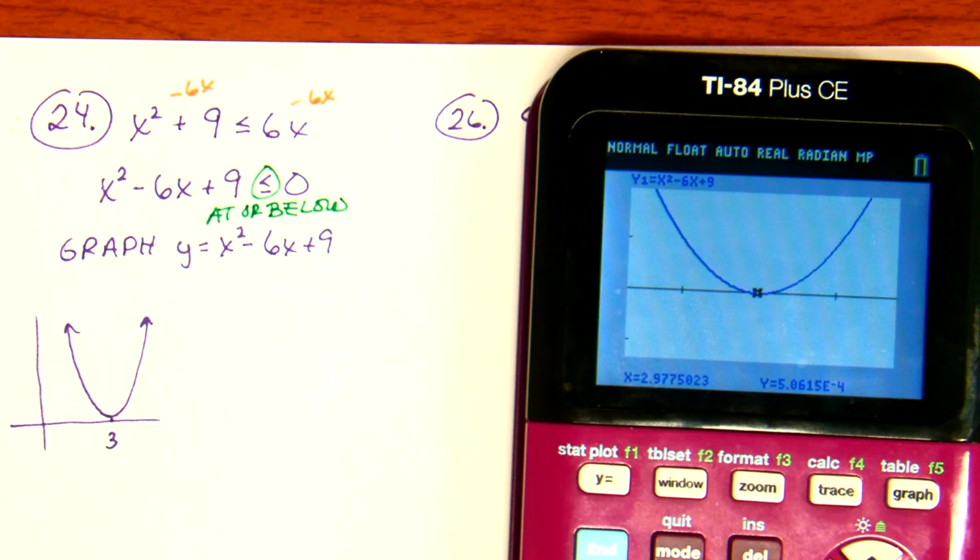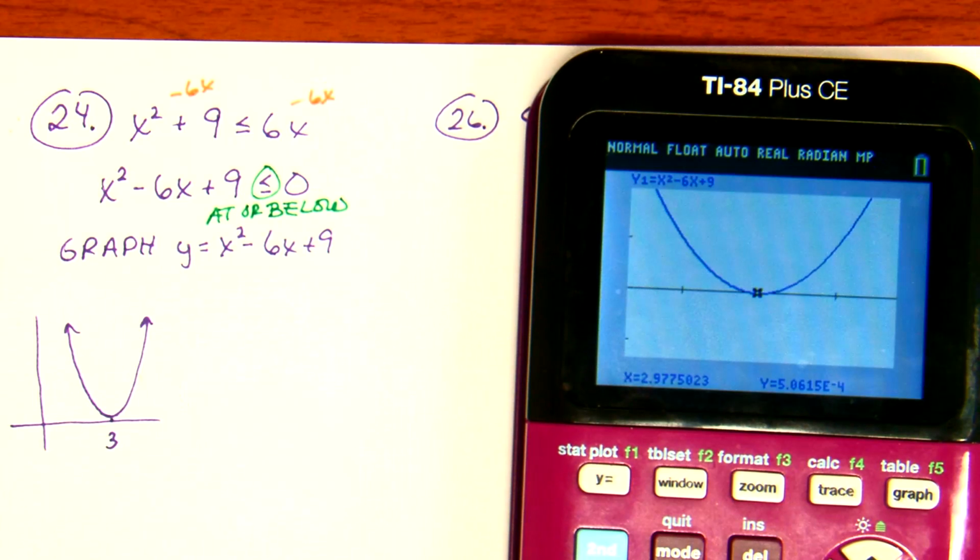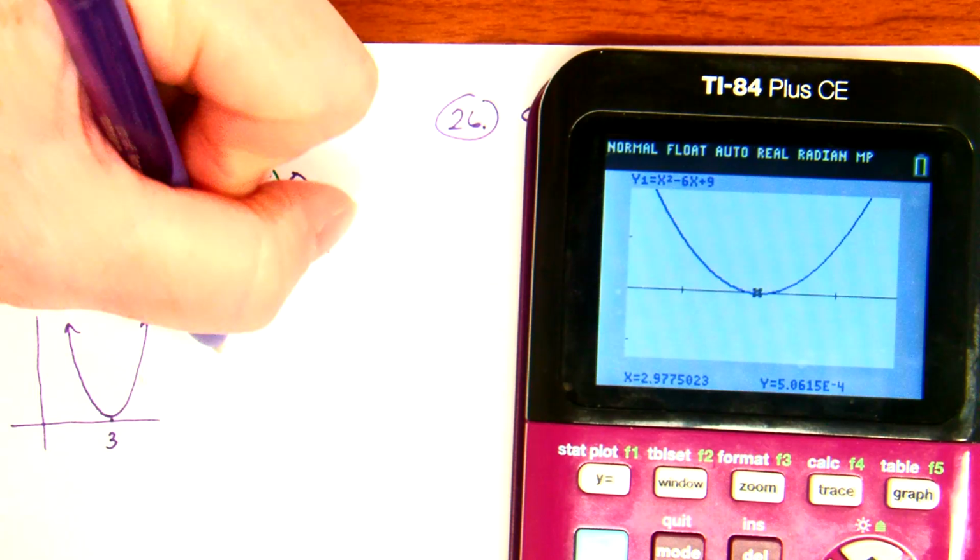No. If it just said less than, we'd say no solution and move on. Because it says less than or equal to, does it ever touch the x-axis? And it does. Where does it show it's touching the x-axis at most likely? At 3. So our solution there is just x equals 3.